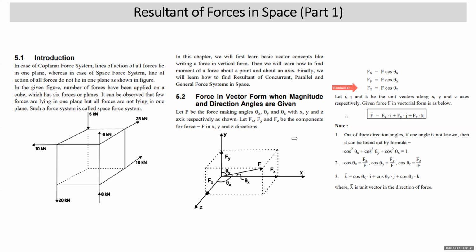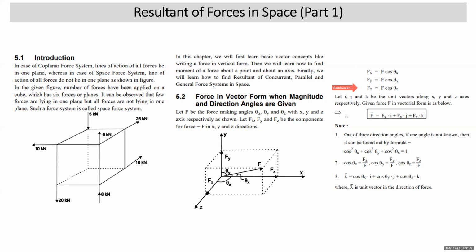We need to understand that in the space force system, we have cos components only, not like in coplanar forces where adjacent is cos and the other is sine. Here, all are adjacent only. Force F is making angle theta x with the x-axis, theta y with the y-axis, and theta z with the z-axis, so all are adjacent angles, or cos components only.